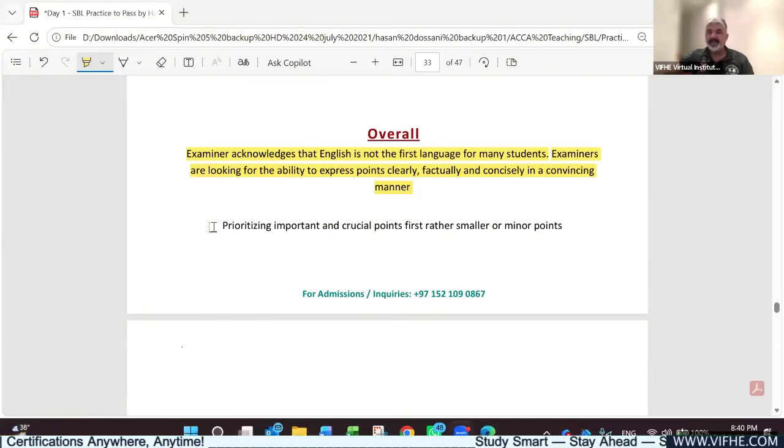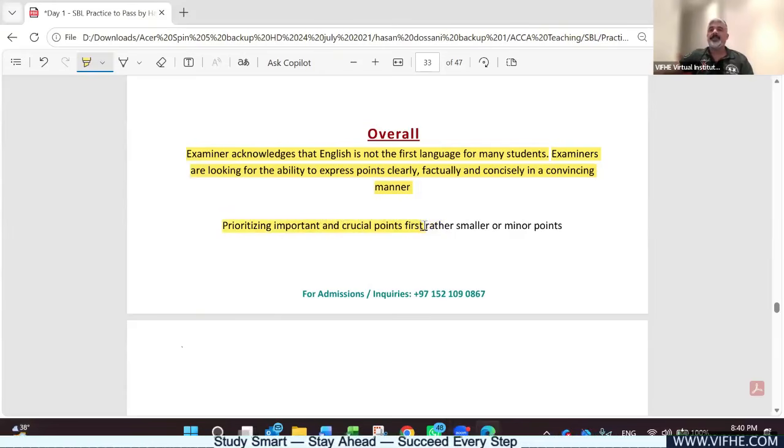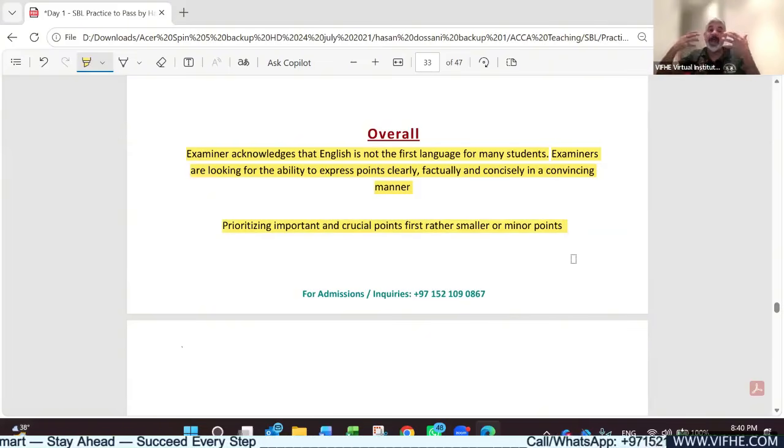The second thing is prioritizing important and crucial points first rather than smaller or minor points. So if you have many points, always start with important or crucial points first, smaller points later.